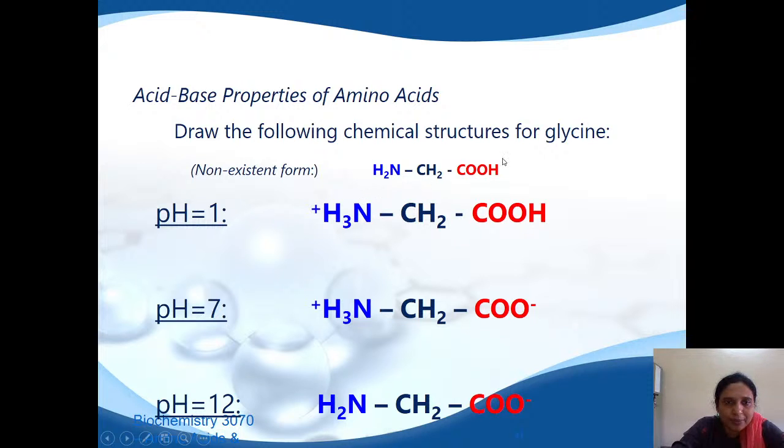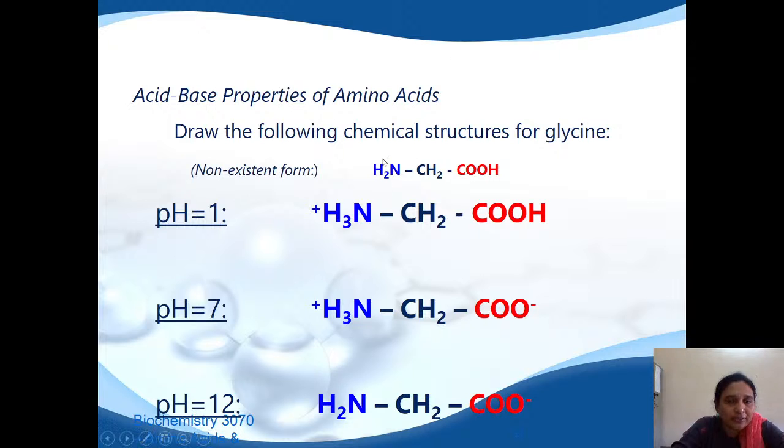See here, this is the basic structure of an amino acid. All amino acids have a carboxyl group and an amino group. The carboxyl group can donate a proton, so it behaves as an acid and gives a negative charge to the amino acid.